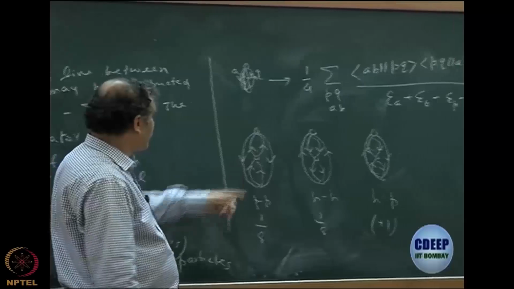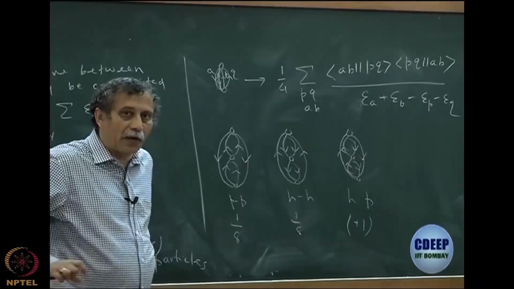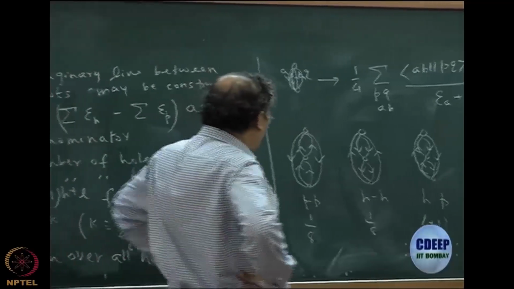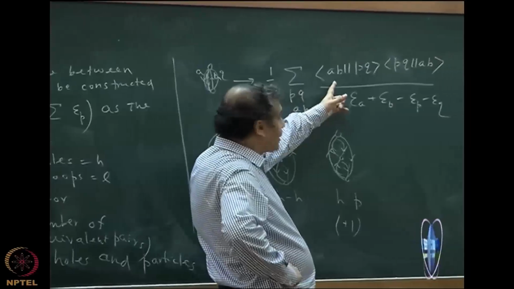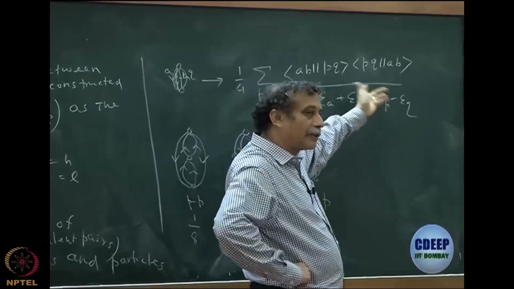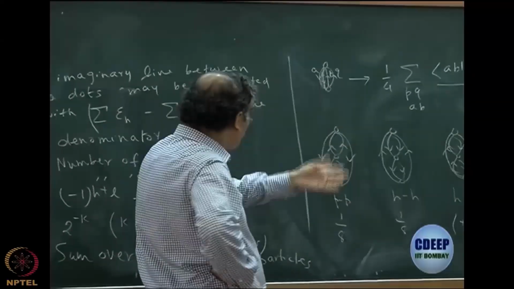What will be the sign here? Number of loops. The number of loops is the only thing that you have to count properly. And when you write the numerator, actually from there also you can calculate the loops. As soon as you write the numerator, you can calculate the loops without looking at diagrams, whichever you are comfortable. So, how many loops are there?